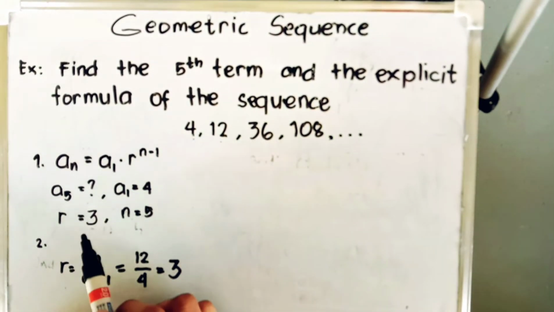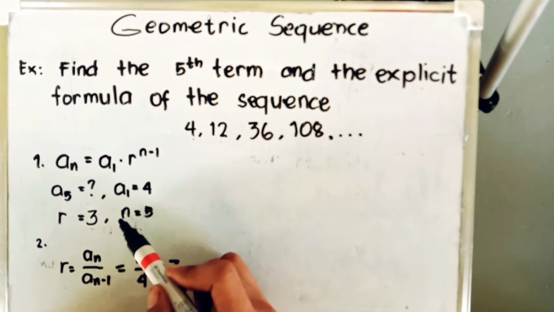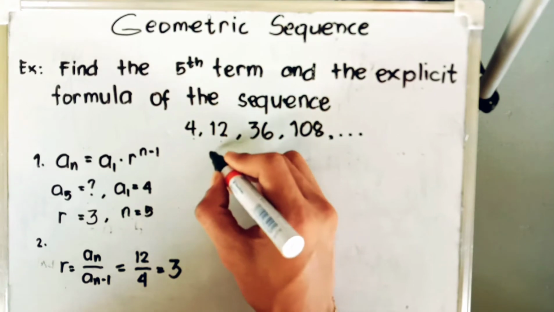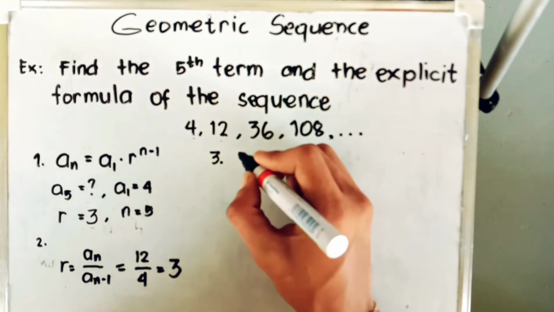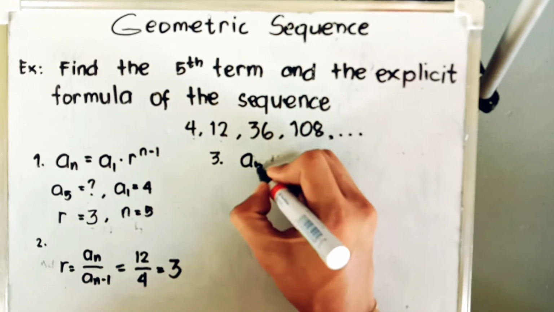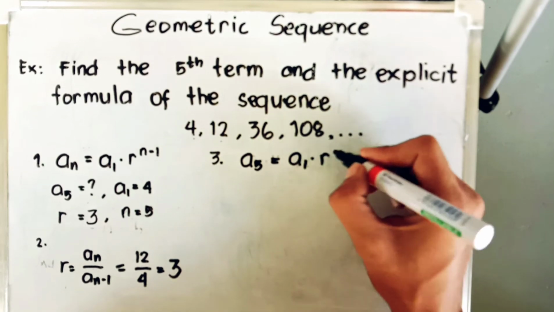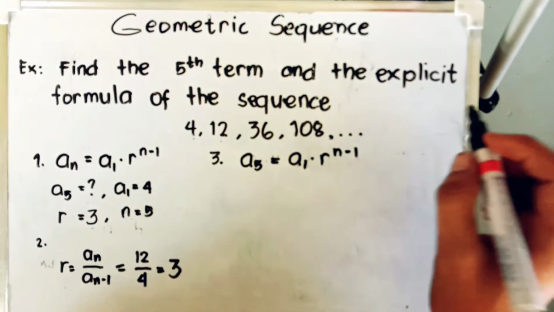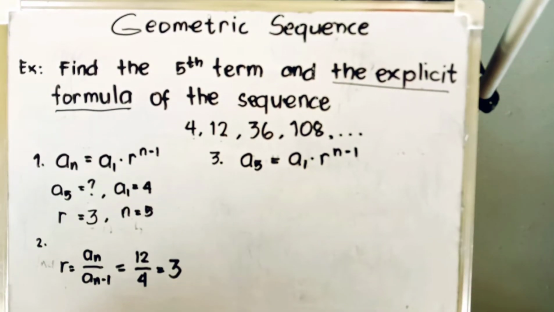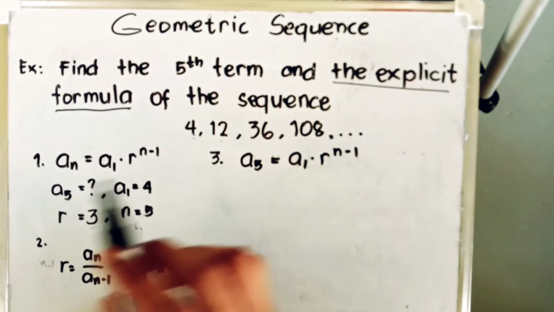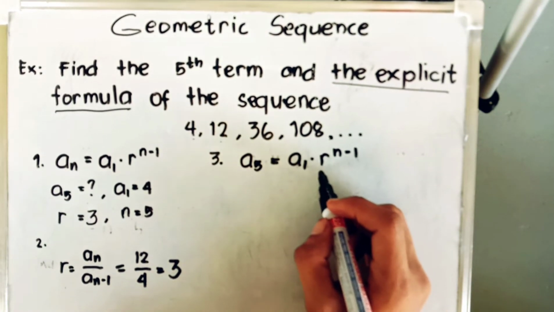Since we have the common ratio, a sub 1, and n, now we are going to find a sub 5. So the third step is to find a sub 5, or the fifth term, using the formula a sub 5 is equal to a sub 1 times r to the power of n minus 1. But first, let's find the explicit formula. How to find the explicit formula? We only have to substitute the value of r in our given formula.